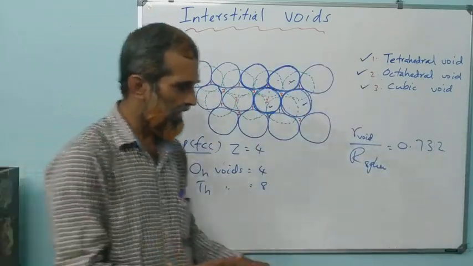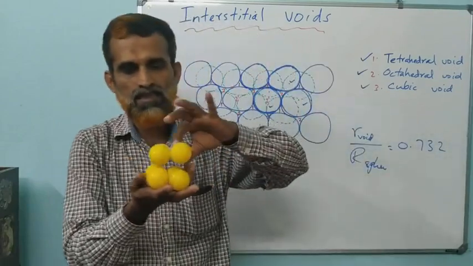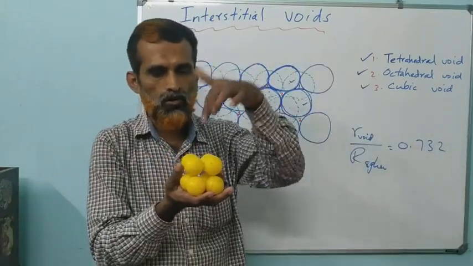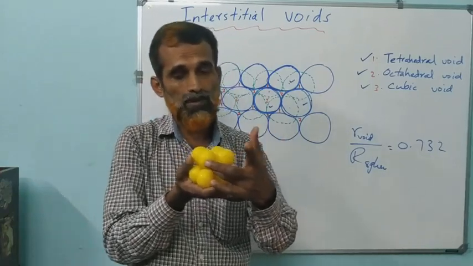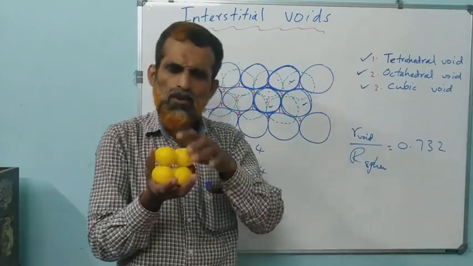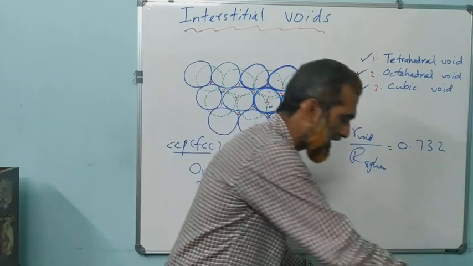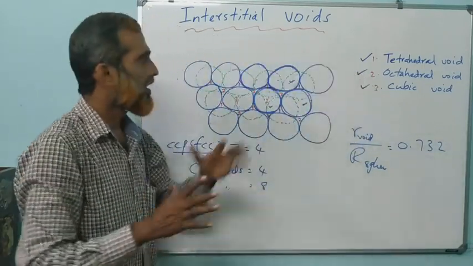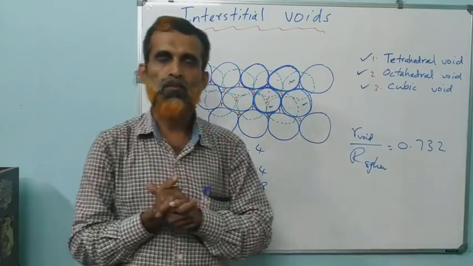Of course it is very clear from the model itself. If you keep particles like this, they are not going into the depressions, and there is a very big empty space here. This kind of void becomes important in some ionic crystals. We will see that later. So these are the various types of voids present in the close packing of crystals.